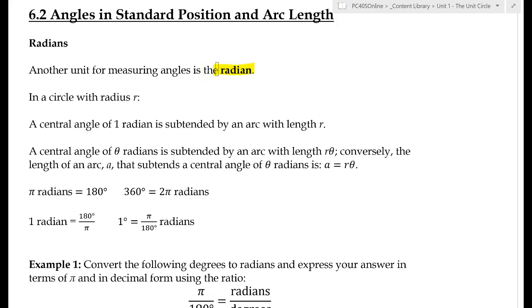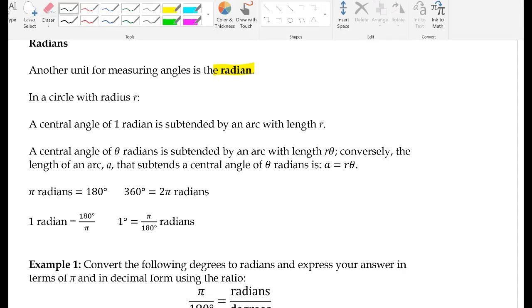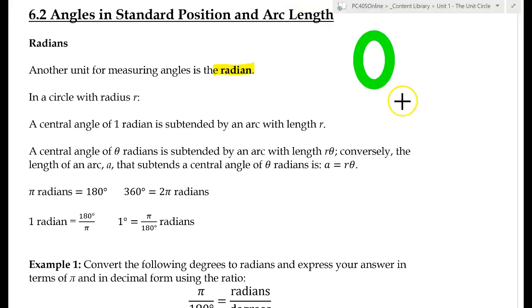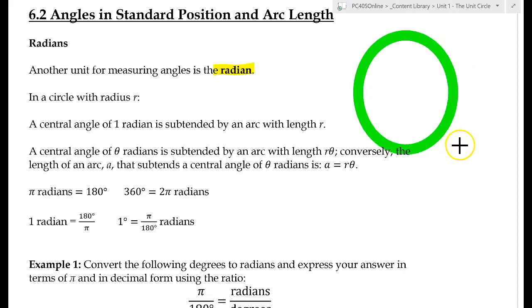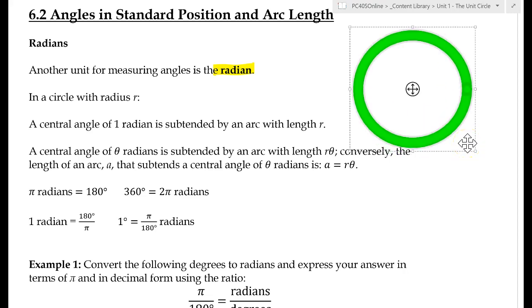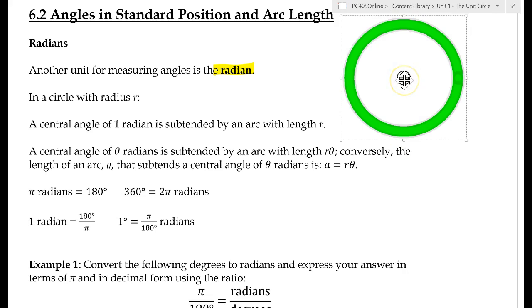A radian is defined like this: if we're looking at a circle, and I'm going to draw a circle in here, bear with me, hopefully that looks like a circle to you. We've got our circle and our center point. Our radius extends out from the center to the circumference of the circle, and that has some length, r.